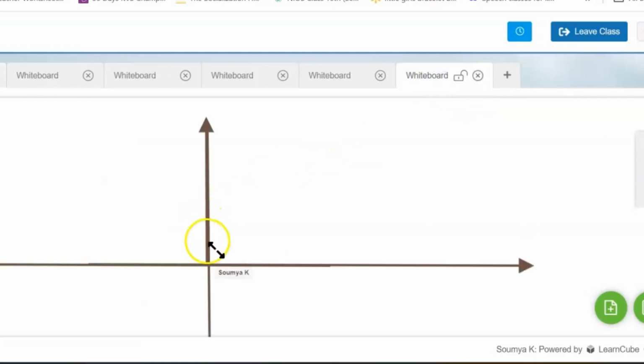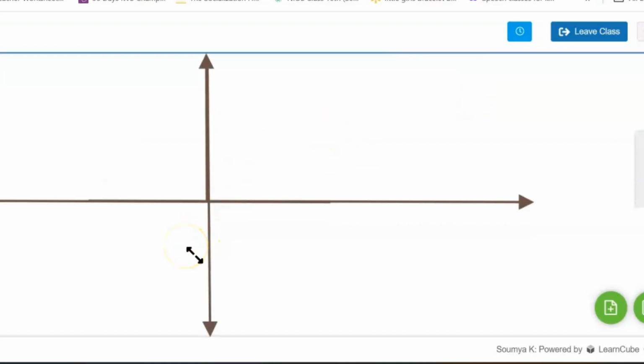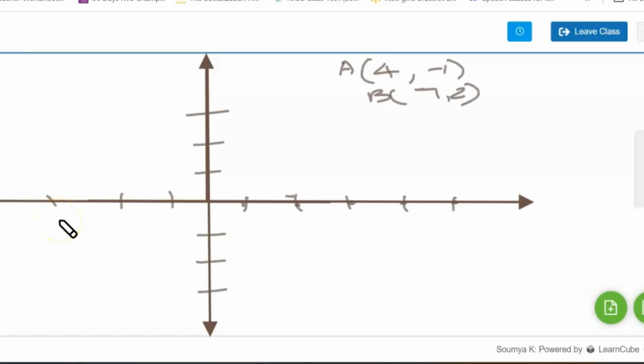So a graph is given here, and you can mark the points. First coordinate is 4, -1. That means this is the positive side of x-axis and this is y-axis. Here it is y dash and it is x dash. So 4, -1 means x1, y1. Here 4 point is here and -1 will go down.